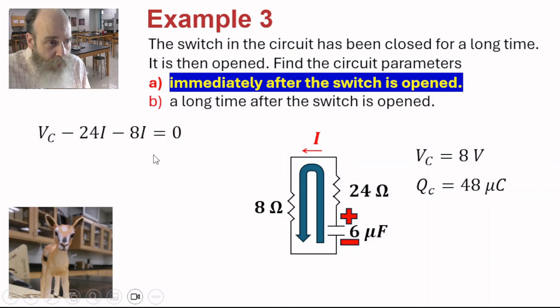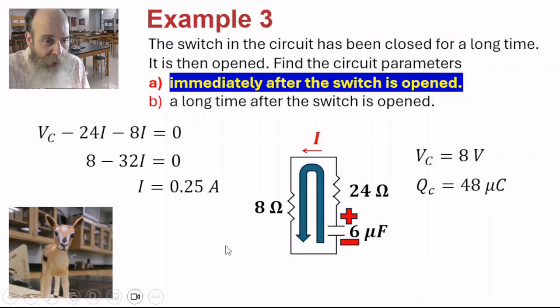Let's put in the voltage of the capacitor, 8 volts. So we have 8 minus (24 plus 8), 32. So 8 minus 32I equals 0, and I is 0.25 amps.